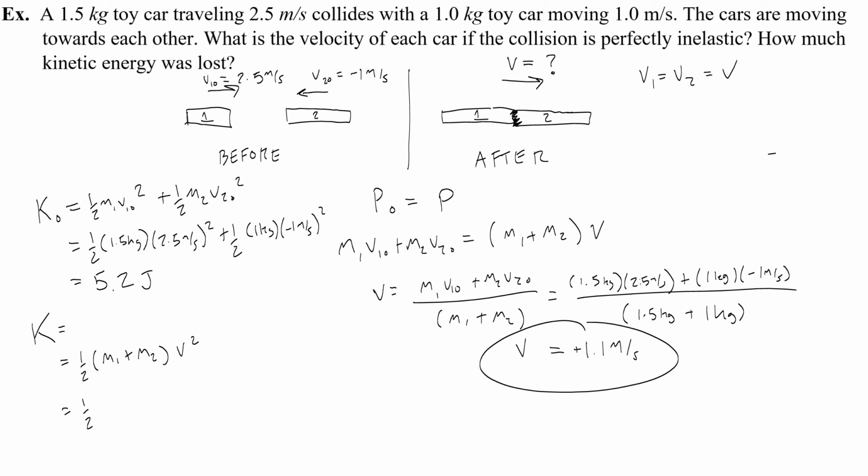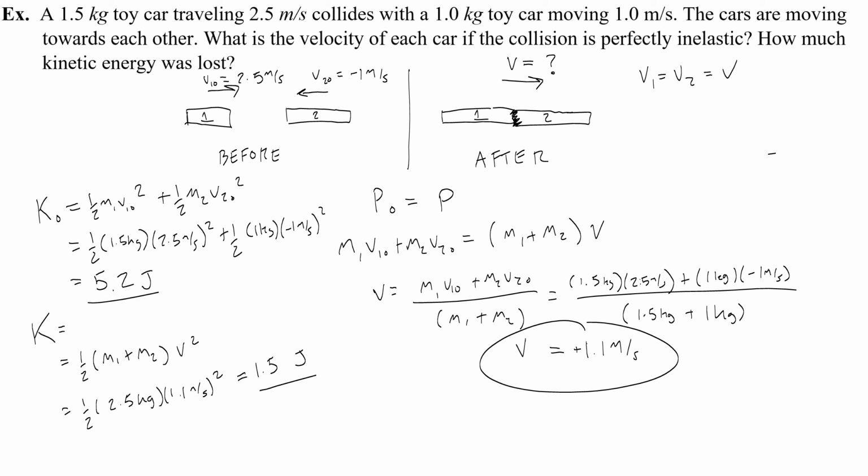And this is going to give you half of 1.5 plus 1, which is 2.5 kilograms, times 1.1 meters per second squared. And that's going to give you a kinetic energy of 1.5 joules. So obviously we've lost some kinetic energy.